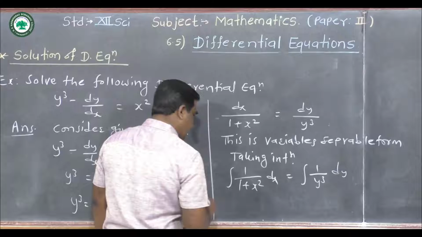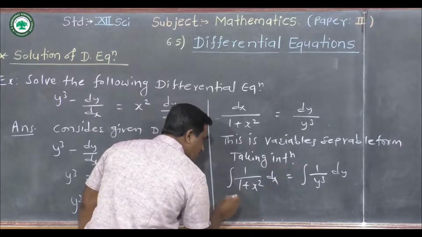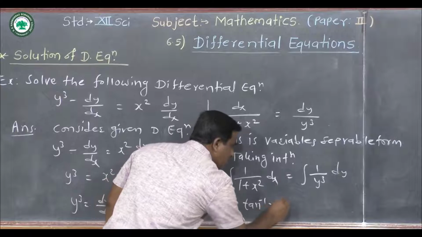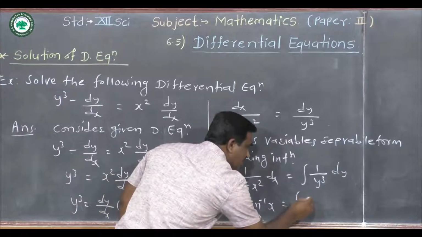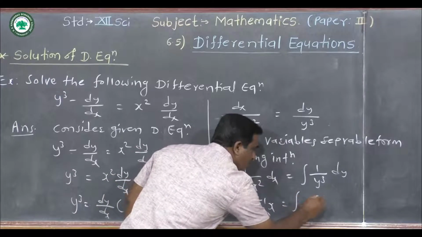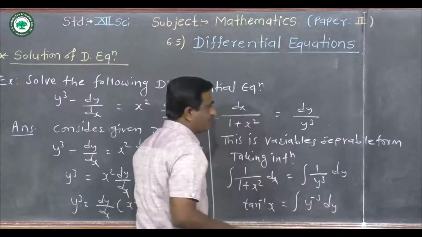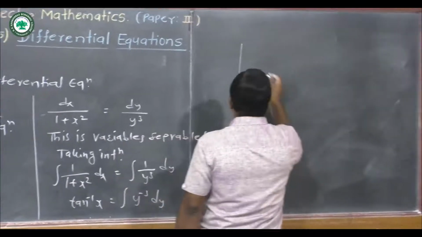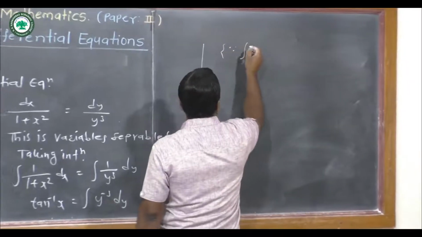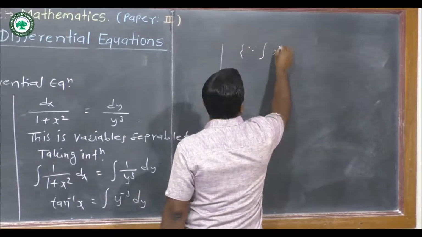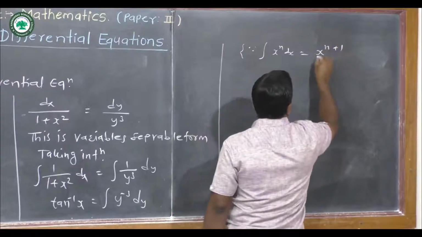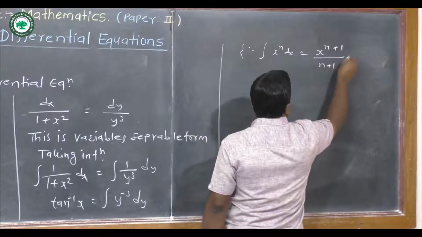Now first we write the integration of this term, tan inverse of x, is equal to the integral of this, which can be written as y raised to minus 3 into dy. Now use the formula, since the integral of x raised to n dx is equal to x raised to n plus 1 upon n plus 1 plus c.